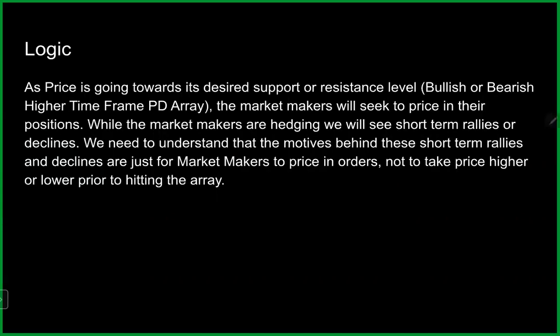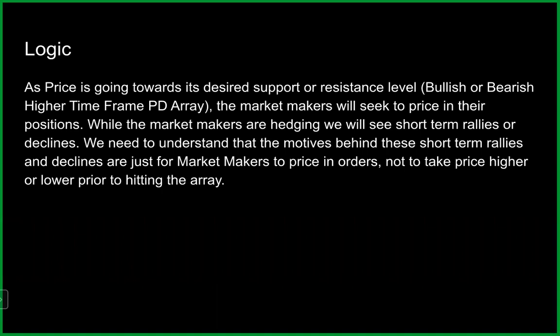All right, so here's the logic behind the reclaimed order blocks. As price is going towards its desired support or resistance levels, or in our case, bullish or bearish higher time frame PD arrays, because as we should know by now, those are the only things that are really supporting and resisting price.